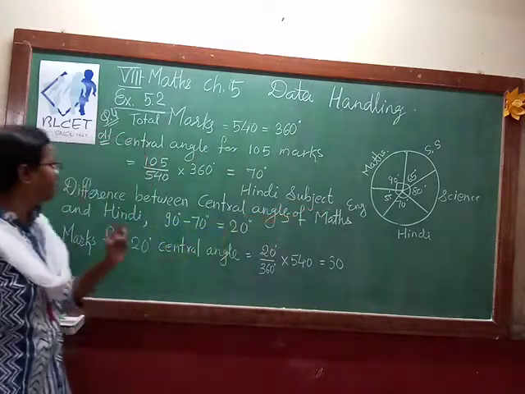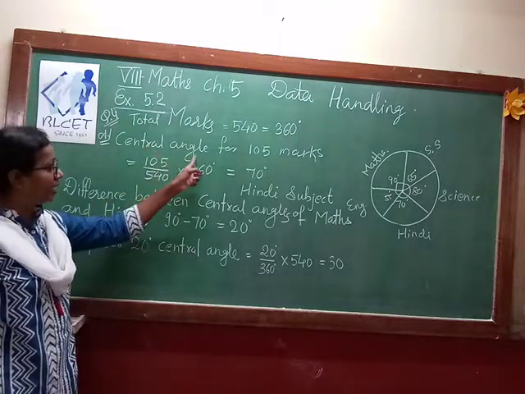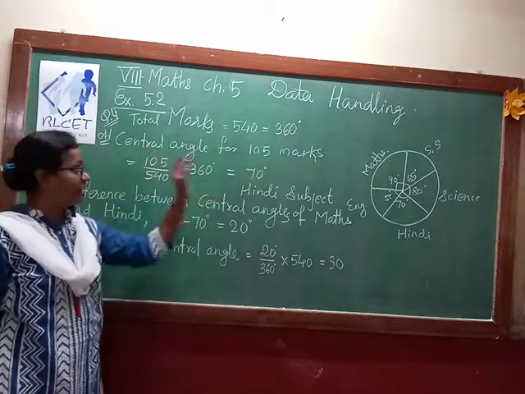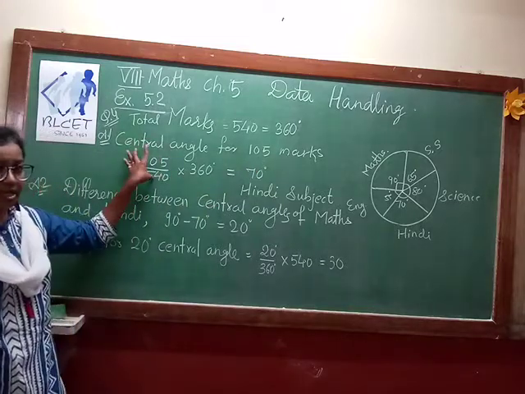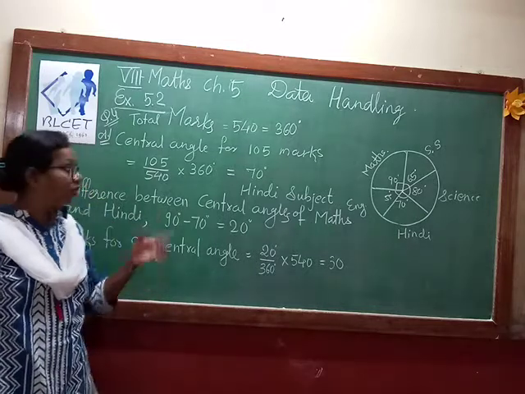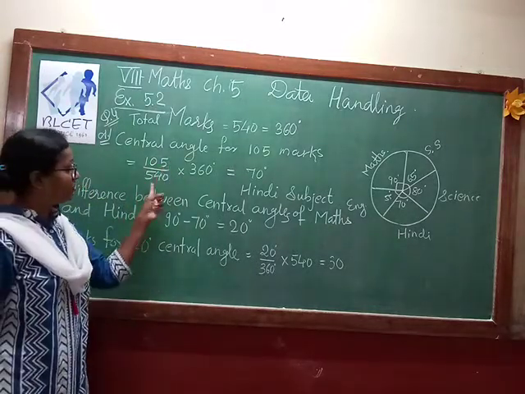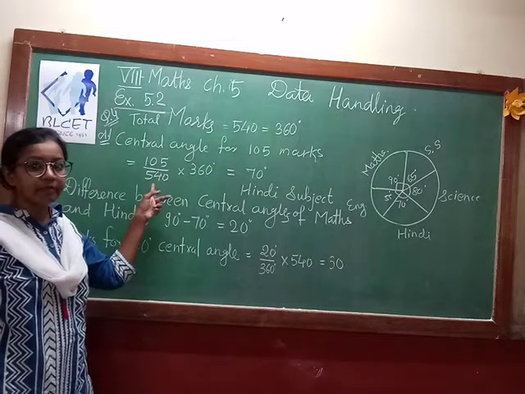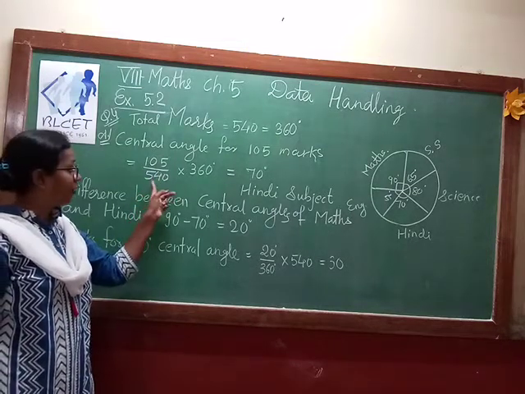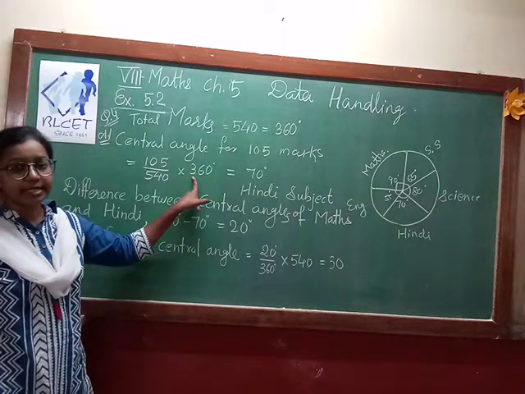So what we can do? You have to find first the central angle. So central angle for 105 marks is equal to what? First we will find the fraction, that is 105 marks out of 540. This gives you the fraction part of the circle graph, that we have to directly multiply with the total angle, that is 360 degree.